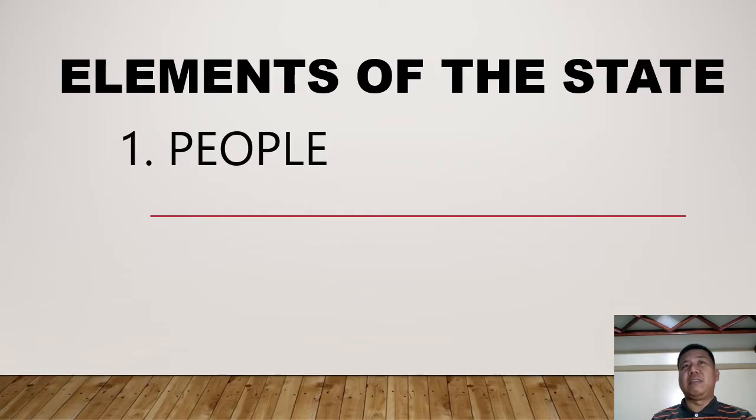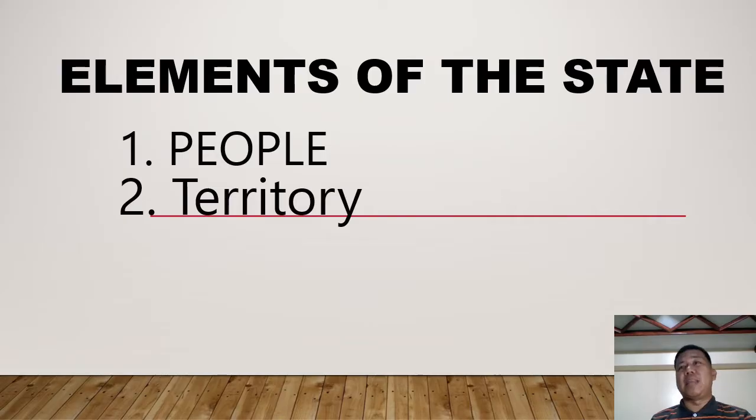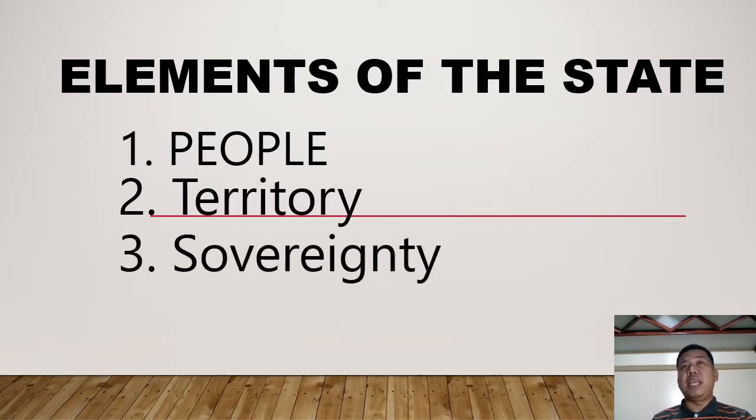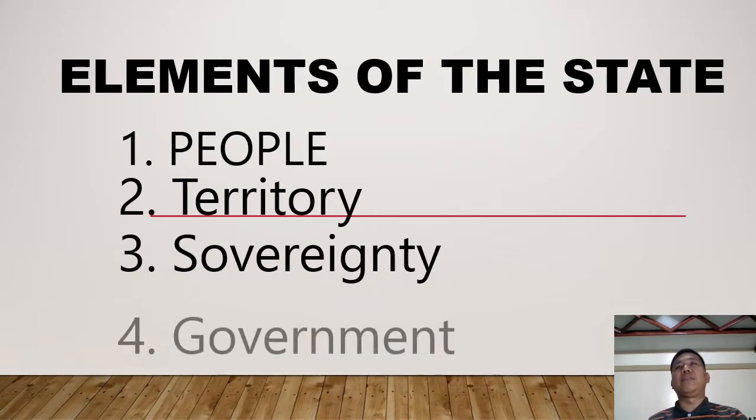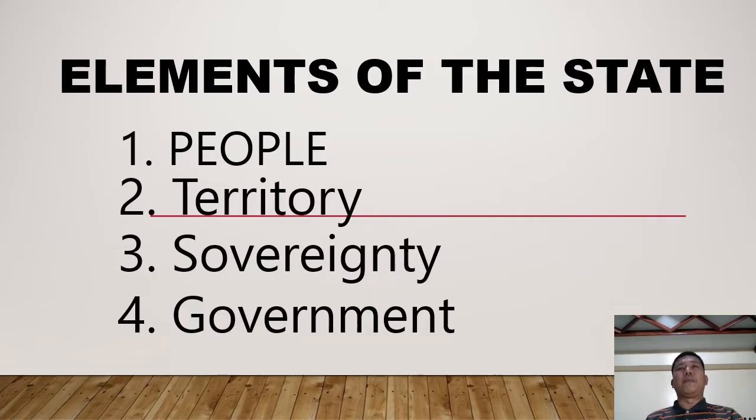So this is the first element, people. The second element is territory, which is occupying a definite portion of the territory, from that particular phrase. Then sovereignty, freedom from foreign control, and of course, number four, government.